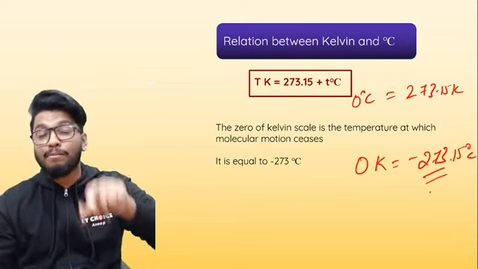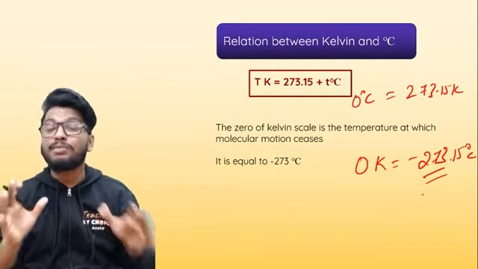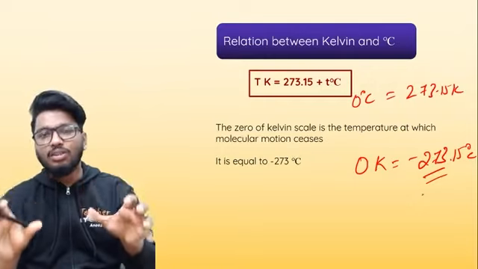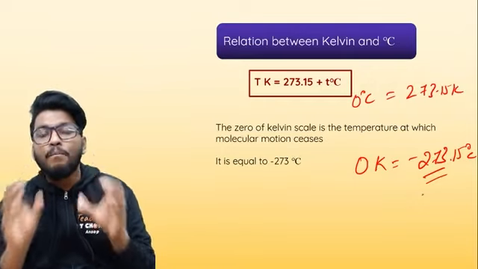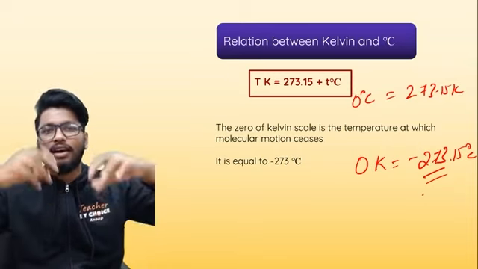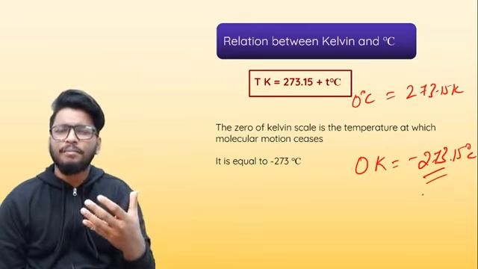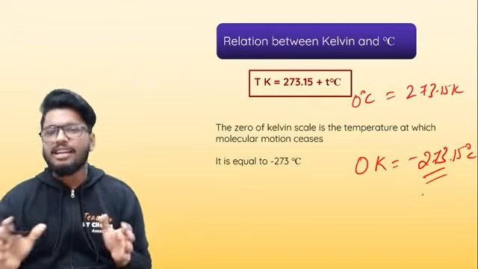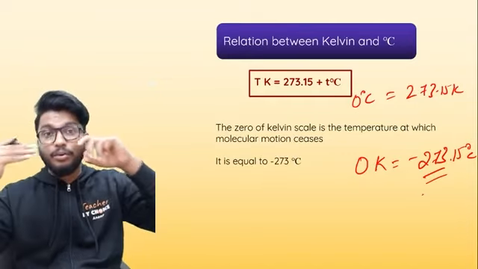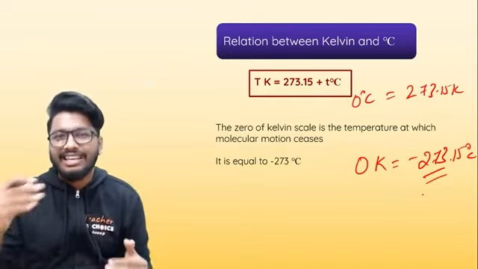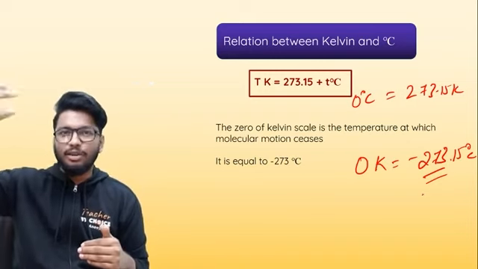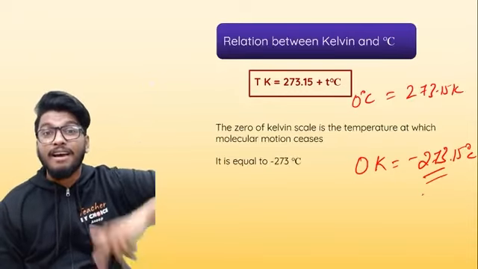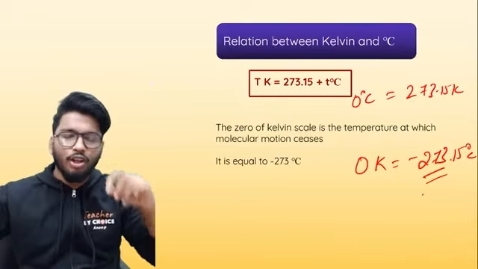This is called absolute zero temperature, where the molecules would completely stop moving because all the heat energy is taken away from them. But it's almost an impossible case because there's always some sort of loss happening. But in an ideal situation, if you reach a temperature of minus 273 degrees Celsius, that means you've reached absolute zero temperature, which in terms of Kelvin is zero Kelvin, where the motion of the molecules would completely cease.